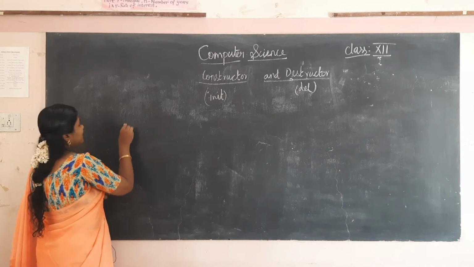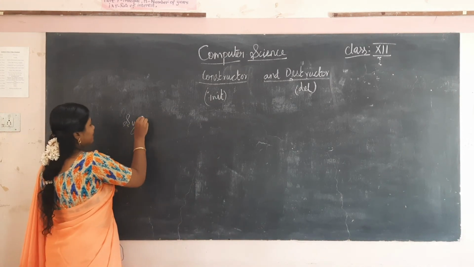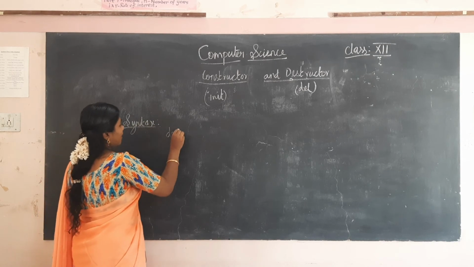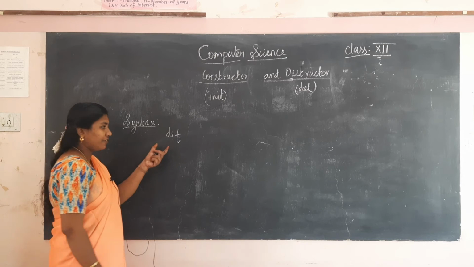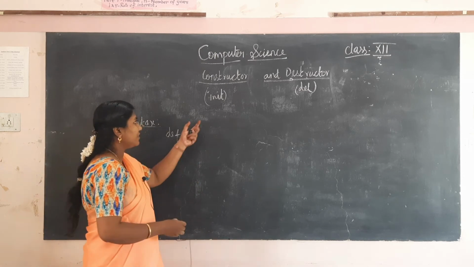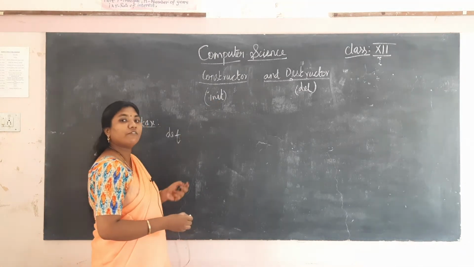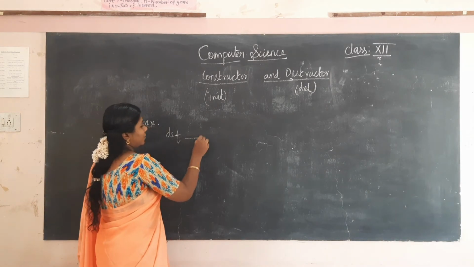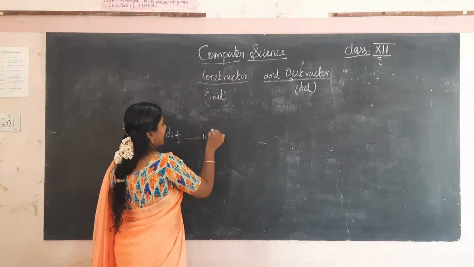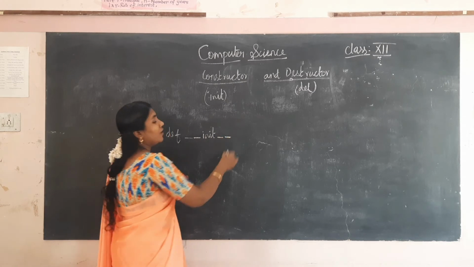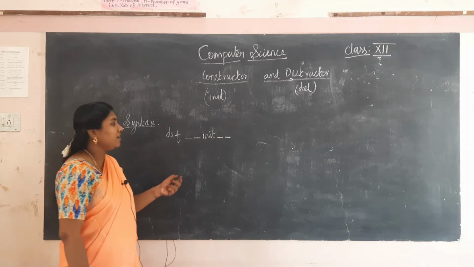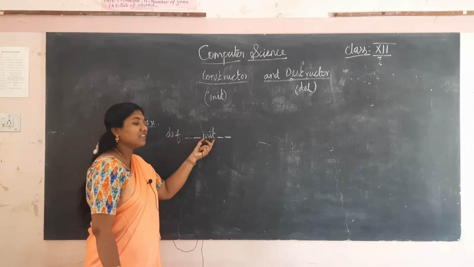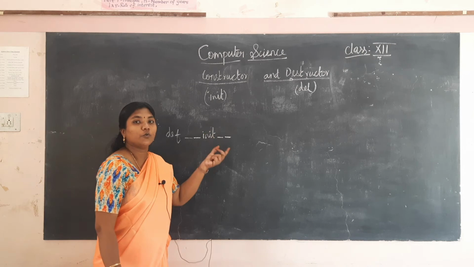The syntax for creating the constructor is as follows. As we define a function, you give def, and then before the function name you give two underscores, then init, and after it also two underscores.